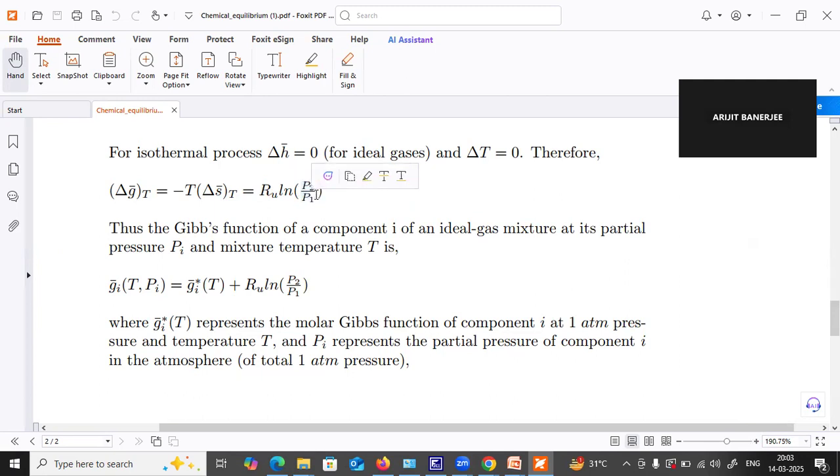So if I want to use the tabulated values, then I will use this so that I can calculate the property at some unknown pressure using the properties at the known pressure. So that is the target here.